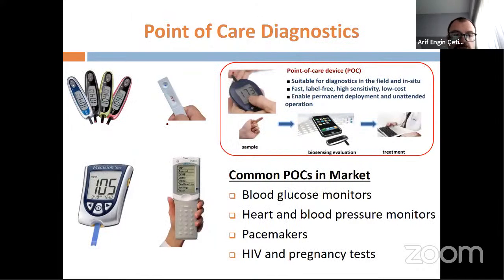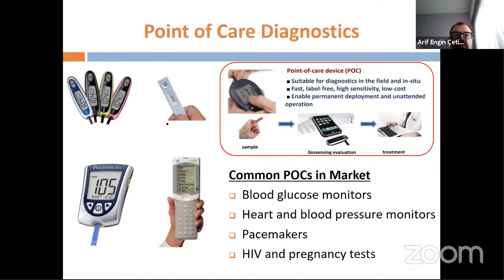So there are different types of POCT devices. When you think about POCT tests, the devices could be optical, electrochemical, completely chemical, working with color-based dyes. It could be electrical, mechanical.